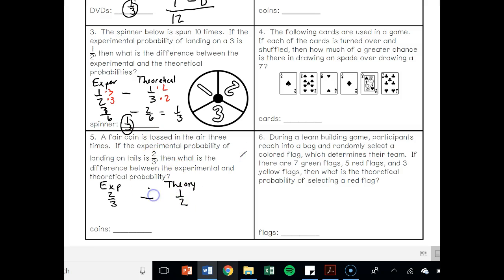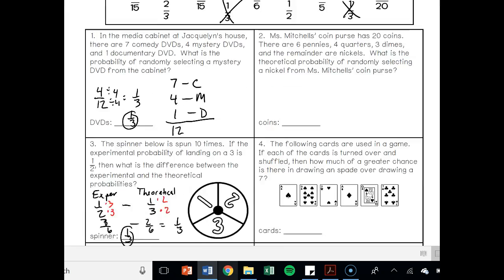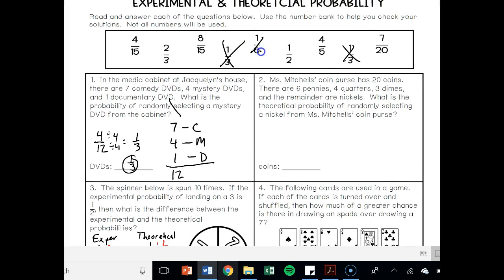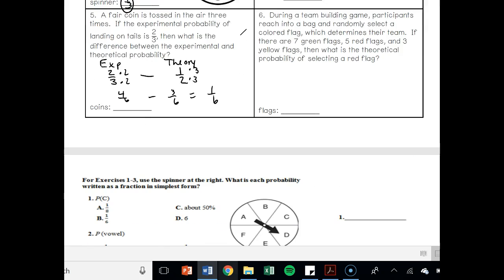So then we're just going to subtract those two. So 2/3 times 2 over 2, and 1/2 times 3 over 3. So that's 4/6 minus 3/6, which gives you 1/6. So go back up to the top, make sure 1/6 is an answer choice. In fact, it is. Cross it off, come back down, put 1/6 on the line, and circle it.